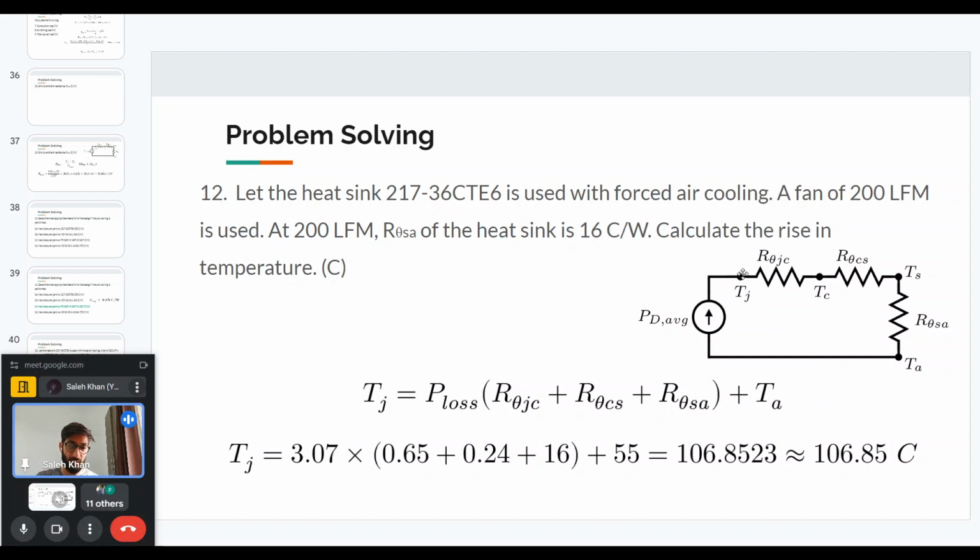So Tj would be equal to the sum of these three thermal resistances times the power loss. The power loss is like a current that is flowing through here. That gives Tj minus Ta, and then we add the Ta to get the junction temperature.